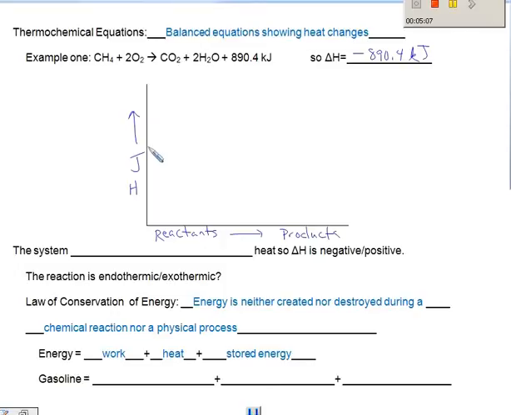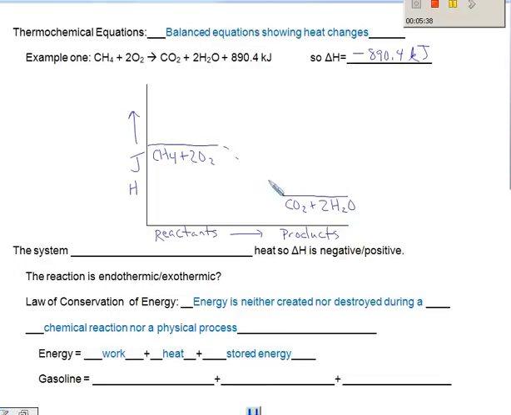So let's say we start off with the heat content of our reactants here. So this would be CH4 and oxygen together, the two oxygens. They are going to react. As they react, they're going to throw heat off. They're going to release heat. So the final products are going to be lower in energy than the reactants. So this would be the CO2 and 2 water molecules here.